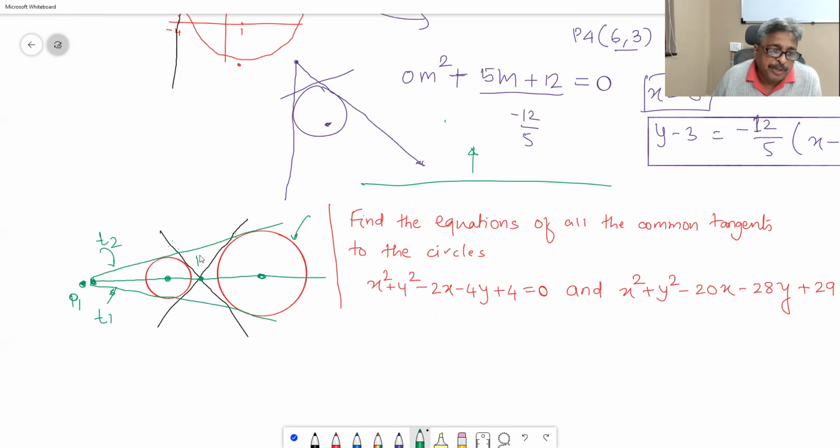If you know the point P2, use any one of the circles, you will get them. Now the question is how we find P1 and P2. You know M1, you know M2. You know R1, you know R2. Hence you should find P1 and P2. That is the way to go about this problem.